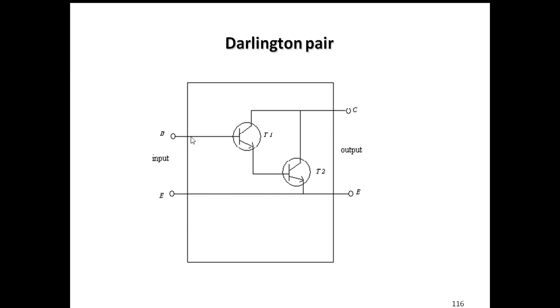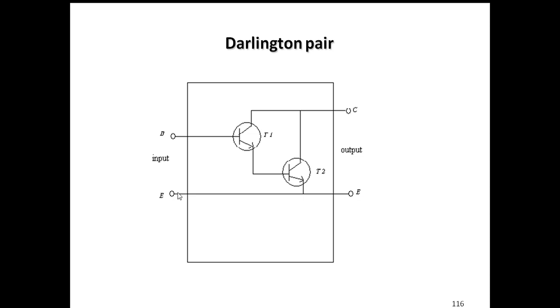The first stage base is taken out as the base. The second stage emitter is taken out as the emitter. So this is base, this is collector, and this is emitter.